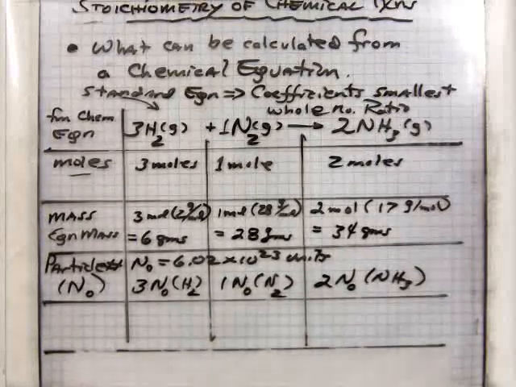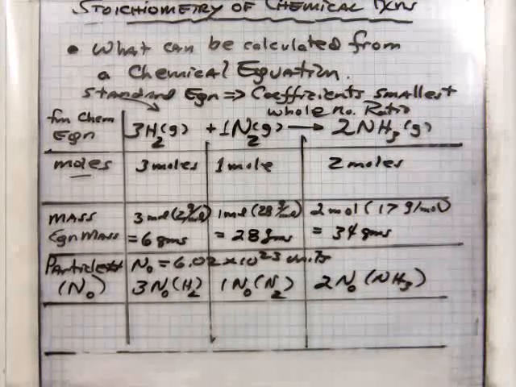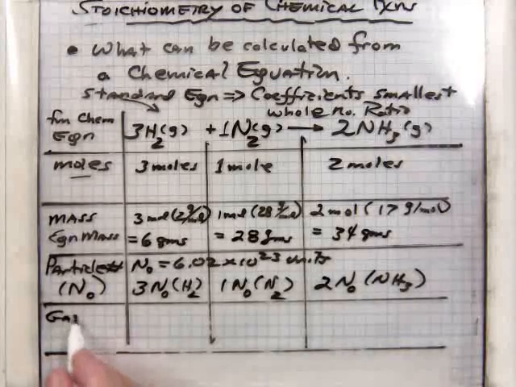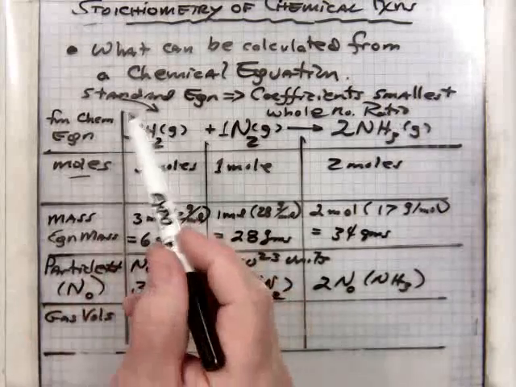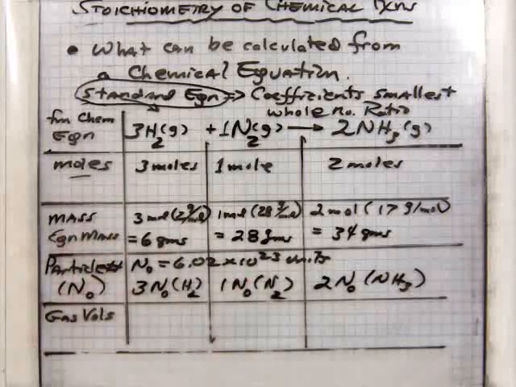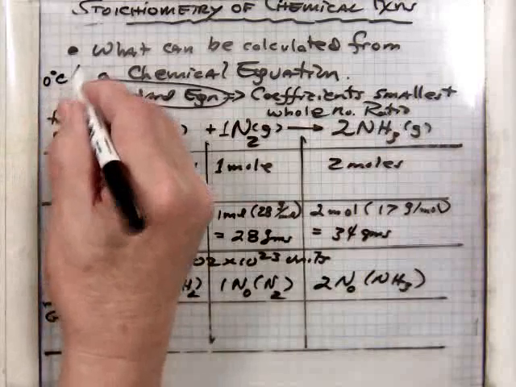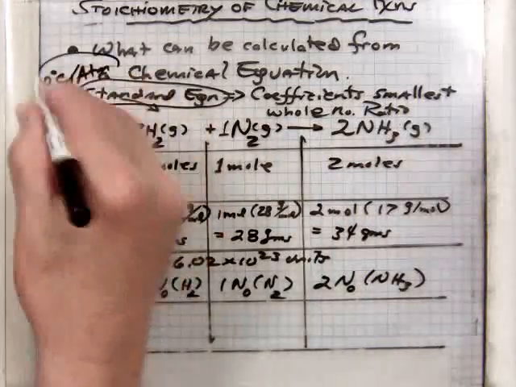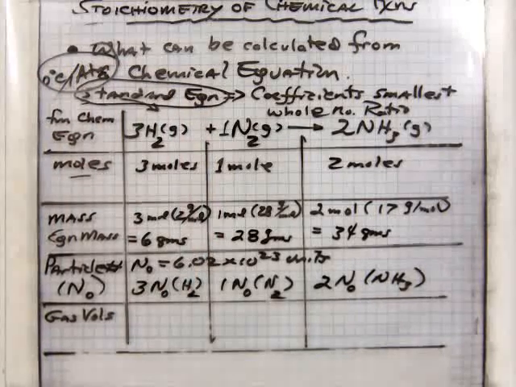Now, the next thing that can be determined out of the equation is gas volumes. Now, the standard equation, as written, is understood to be at 0 degrees Celsius and 1 atmosphere. Those are standard gas law values, as you may recall from studying gas laws, Charles' law, Boyle's law, Gay-Lussac, and so forth.